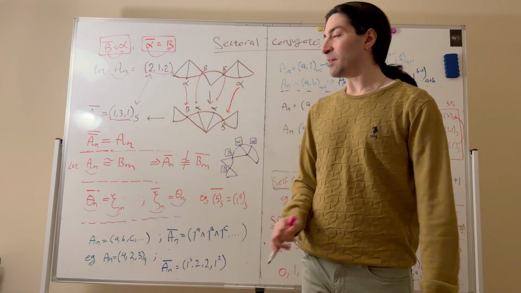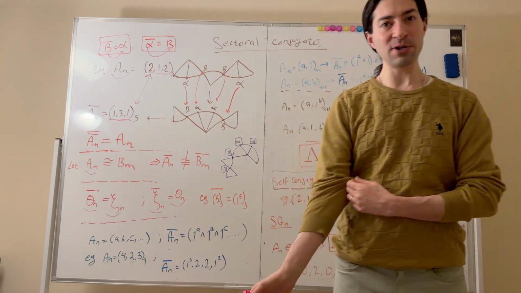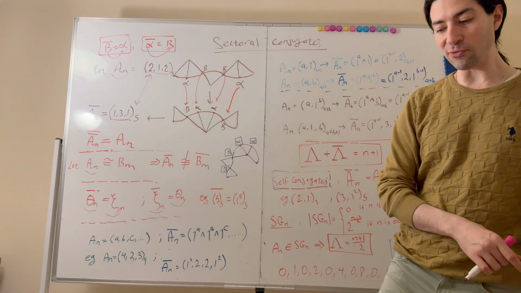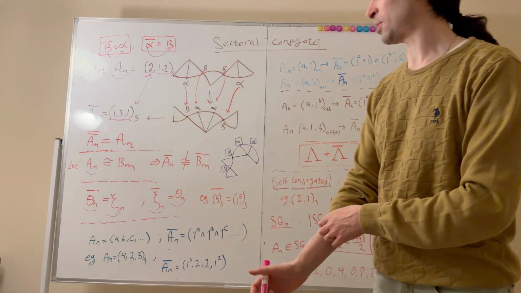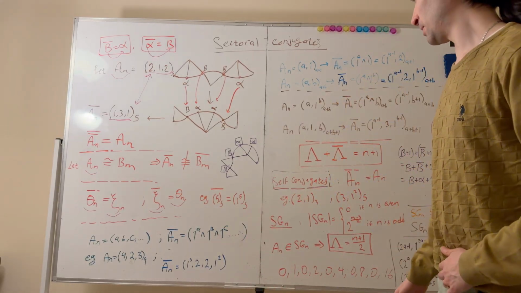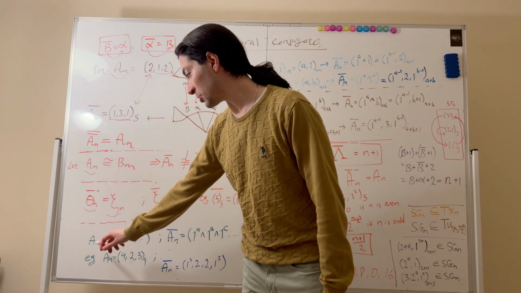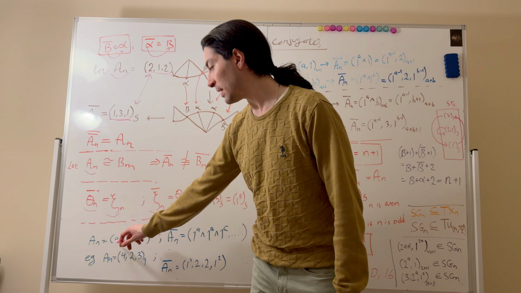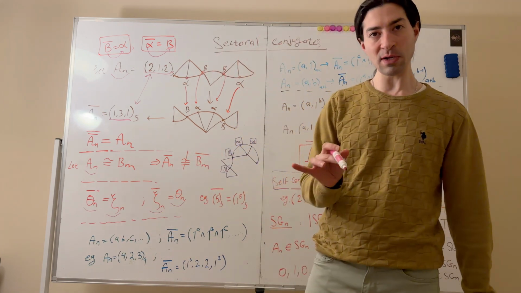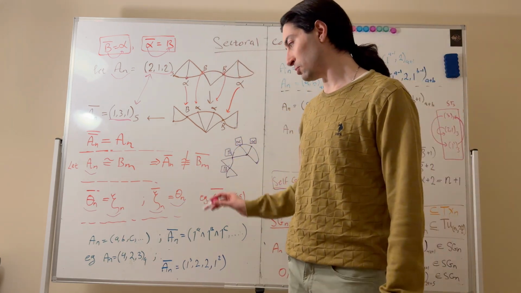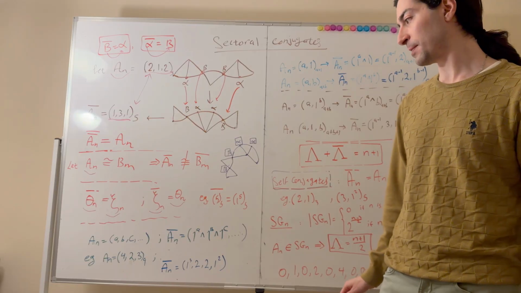Now let's notice a few interesting patterns when we're doing conjugates before we go into the deeper meaning behind all this. Now let's say we have a sectoral structure, AN equals ABC and so on. Let's say it goes on to several parts.